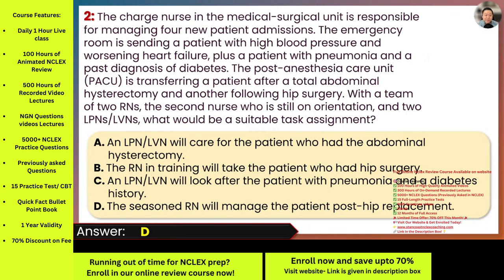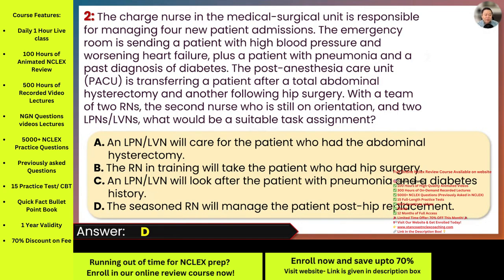This increases their infection risk, and it also requires close glucose control. The LPNs, LVNs can assist with care, but should not be the primary nurse for an unstable medical patient. And the RN should assess and adjust the treatment plans.